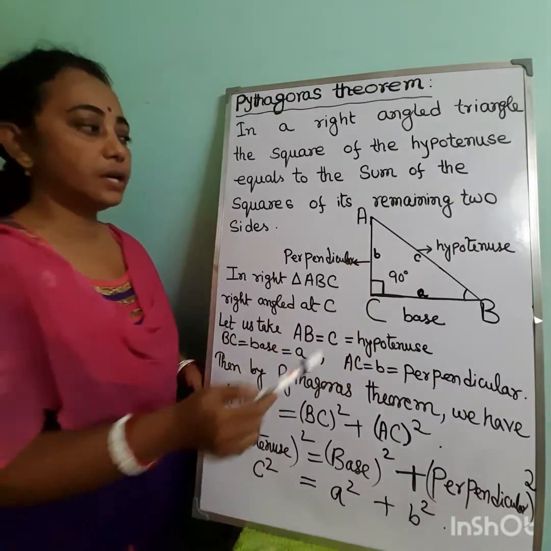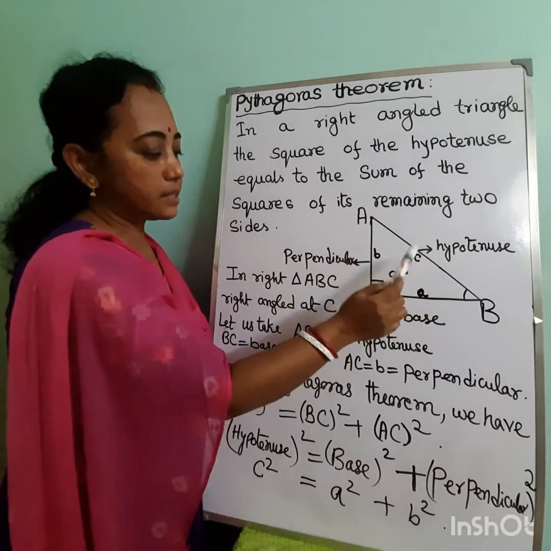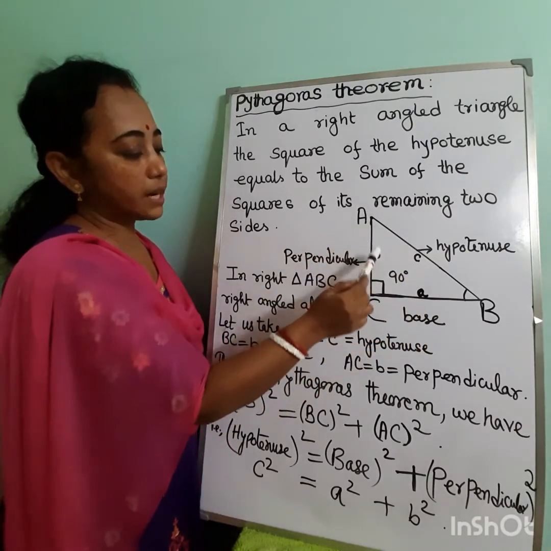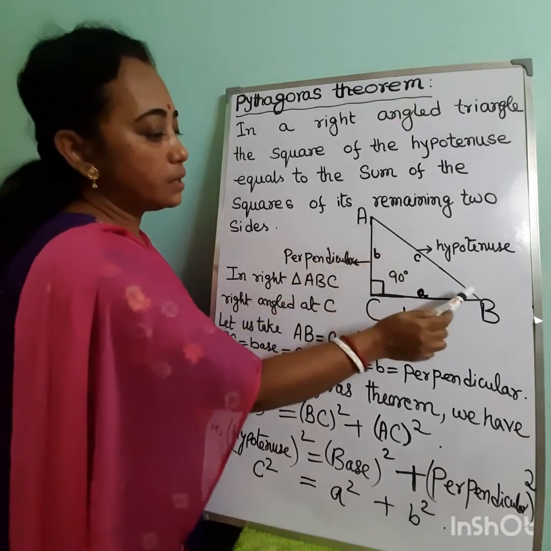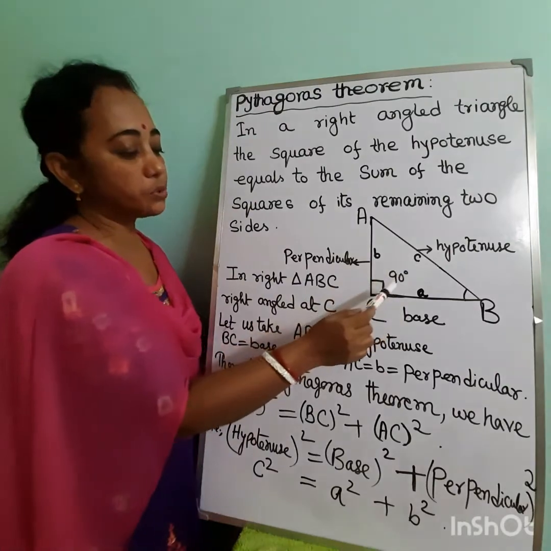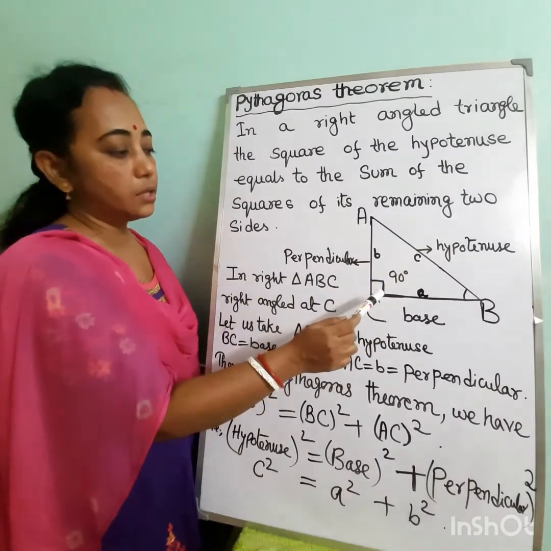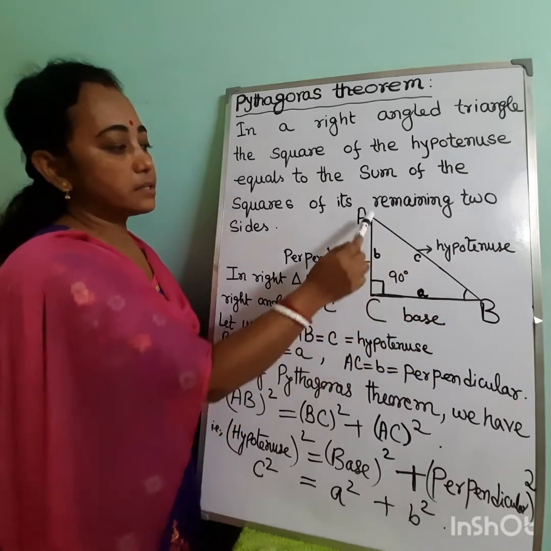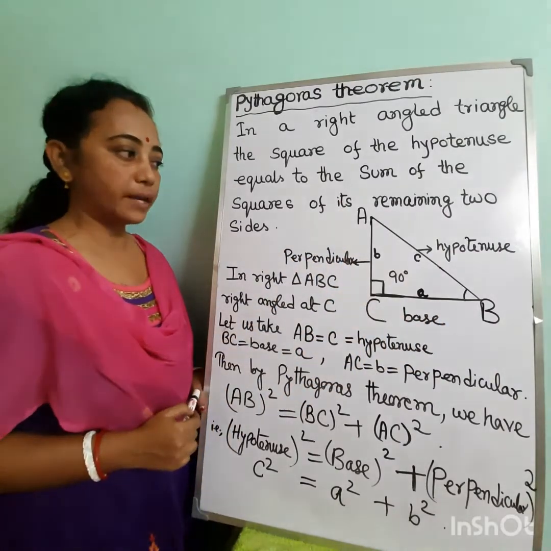Also from the figure, the length of AB is taken as c, BC is taken as a, and CA is taken as b. So here AB is the hypotenuse of the right triangle because it is opposite to the right angle C. So AB is the hypotenuse, BC is the base, and CA is the perpendicular of the triangle.